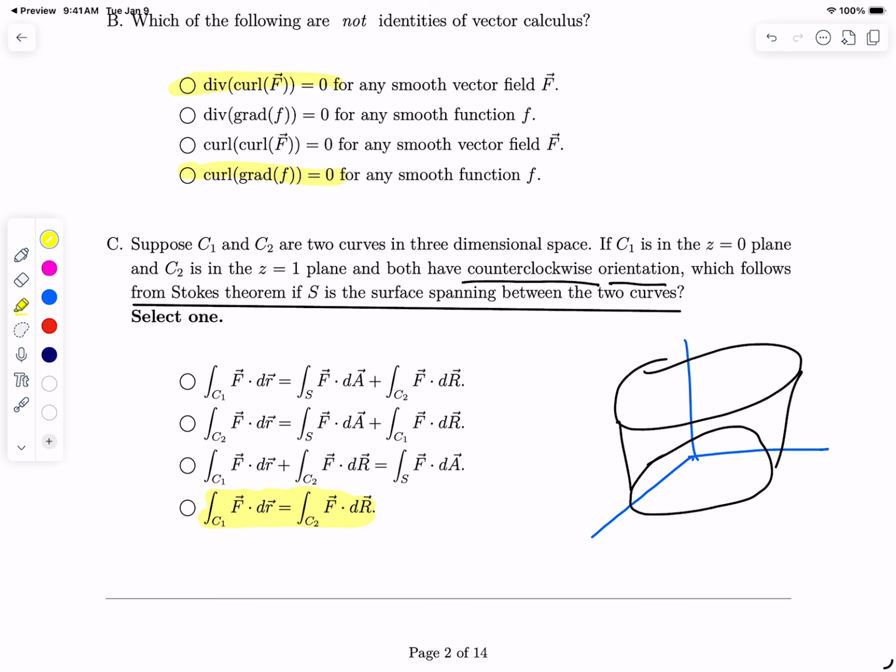And how about this one? Is this true? But they are going in opposite direction. So counterclockwise.